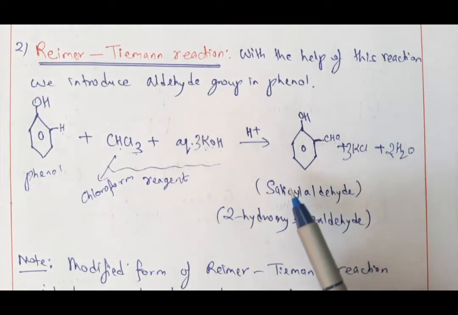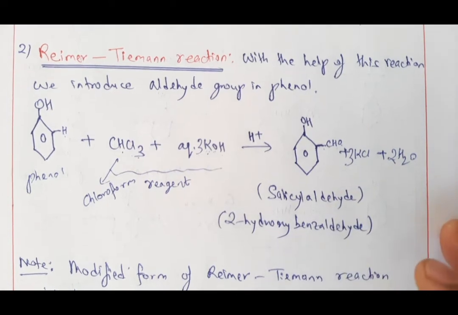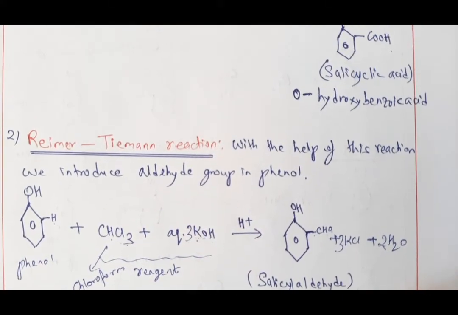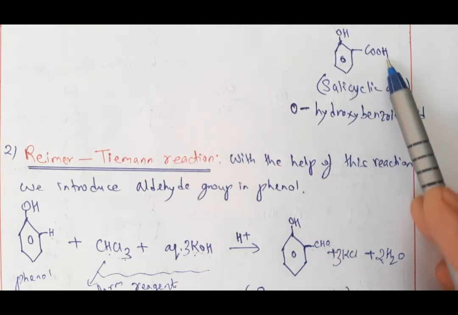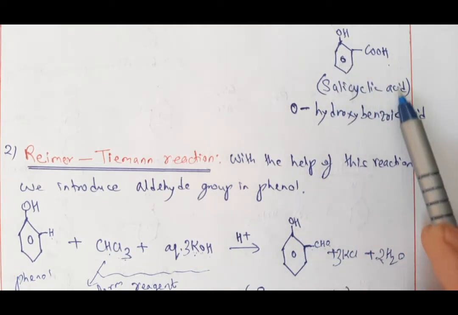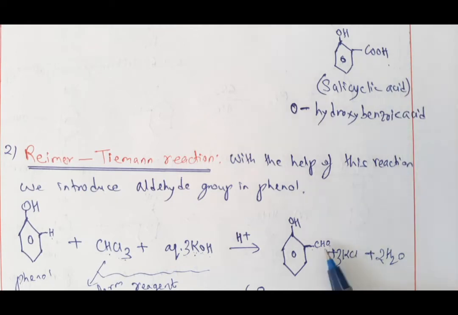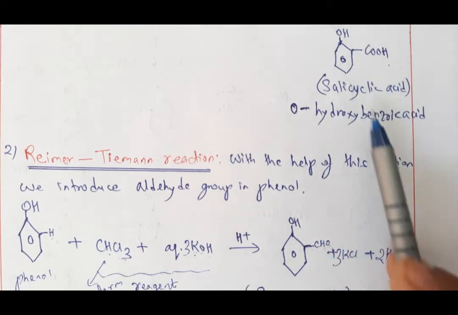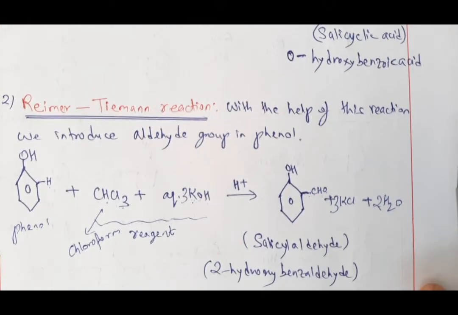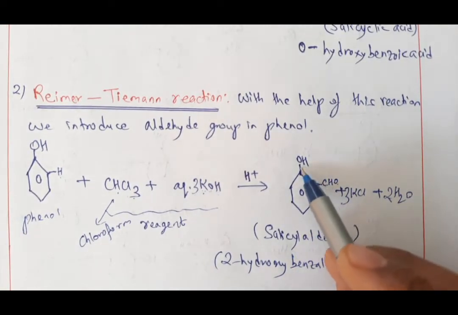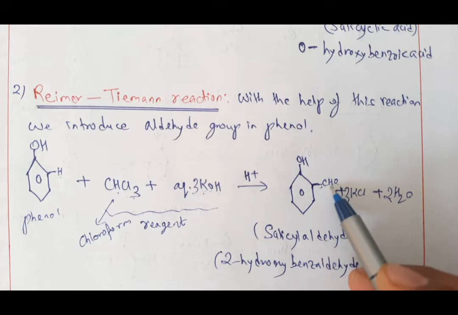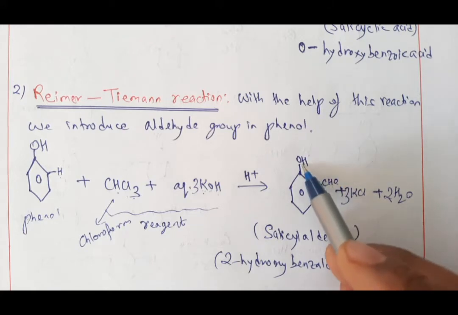Now what is the name of this compound? This compound is known by the name salicylaldehyde. You can see from here, students. If here is OH, here is also OH, here is COOH, we say salicylic acid. But instead of COOH, here is CHO. So it's an aldehyde. So instead of saying salicylic acid, we say salicylaldehyde, whose IUPAC name is like this. In this, do remember, the aldehyde gets preference in alcohol and aldehyde.